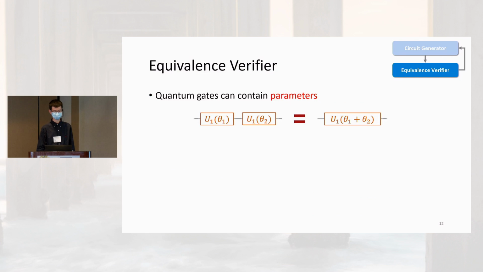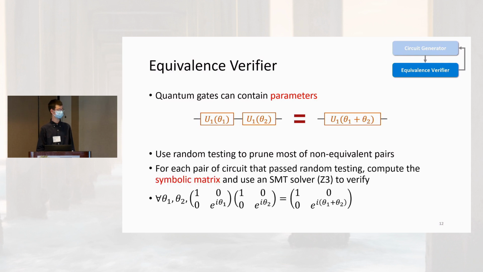Now let's go to the equivalence verifier. There's a challenge that quantum gates can contain parameters. For example, this is an example. To deal with this, we use random testing to prune most of the non-equivalent pairs. For each pair of circuits that passed random testing, we compute a symbolic matrix and use an SMT solver to verify, where in our experiment we use Z3.